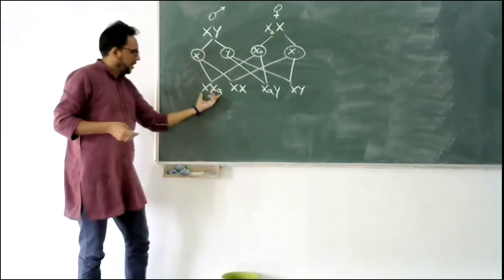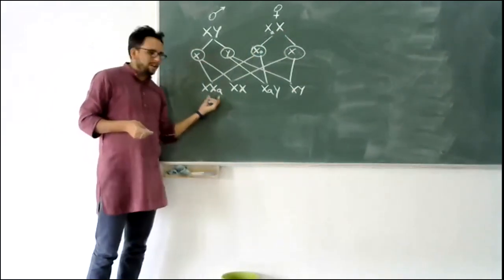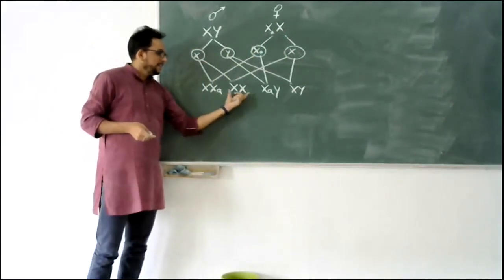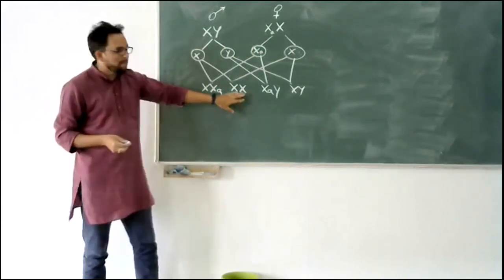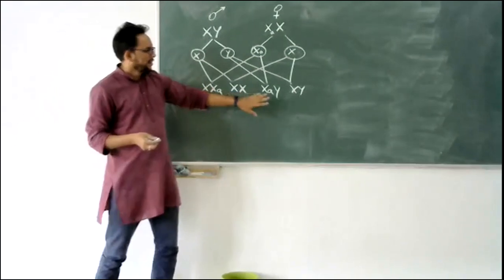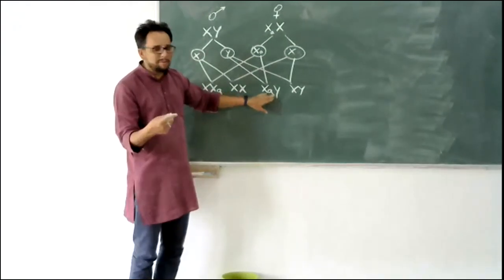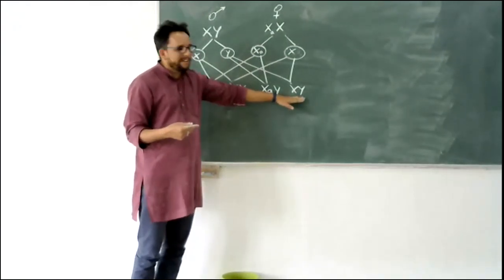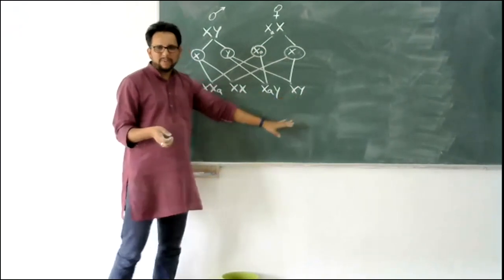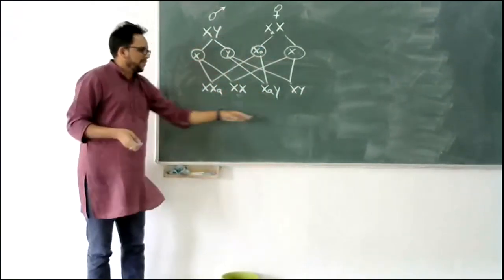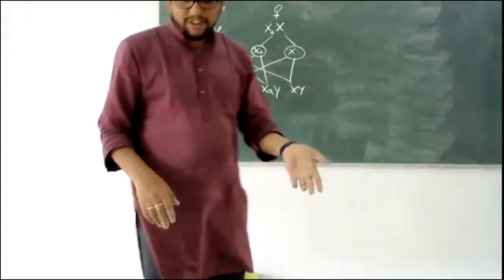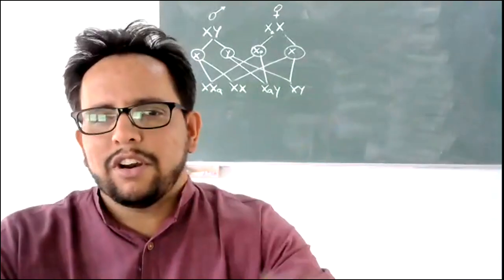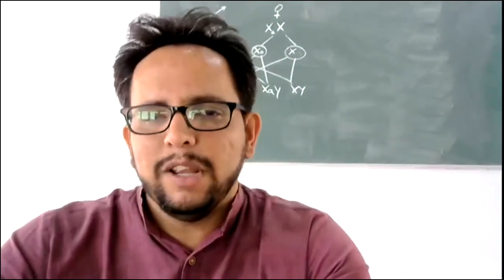This is a case of an affected daughter because she has the dominant allele. This will be a normal daughter. She will not exhibit any phenotype because she doesn't have XA. This will be a son which is affected because it has the dominant allele, and this will be the normal son. So based on the possible combinations of these genetic traits or alleles, how the generation goes on will be decided.